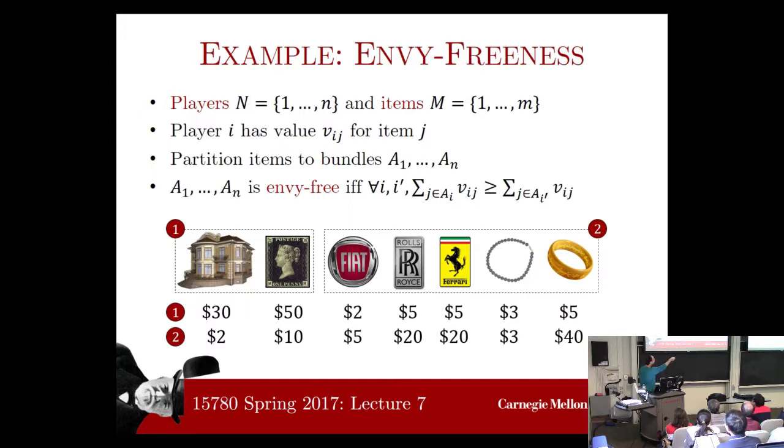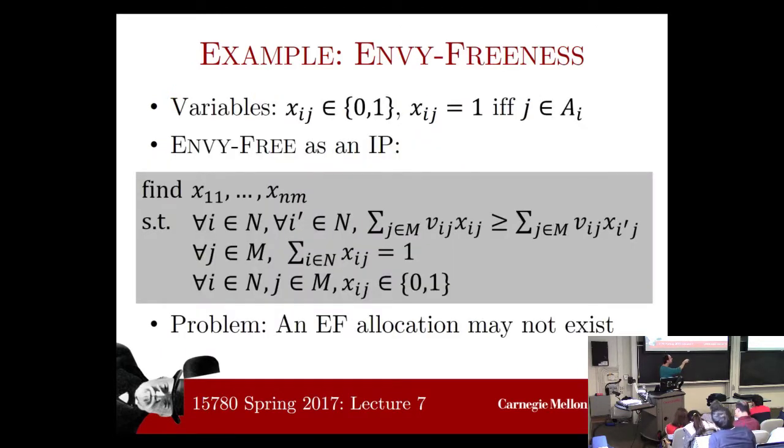Right, so here we've used v_ij because we want to ask what's the value i has for the bundle A_i prime. And for the same reason I'm using i here and i prime here. So this is the value to i for the allocation to i prime. Okay, so that's the envy-freeness constraint.